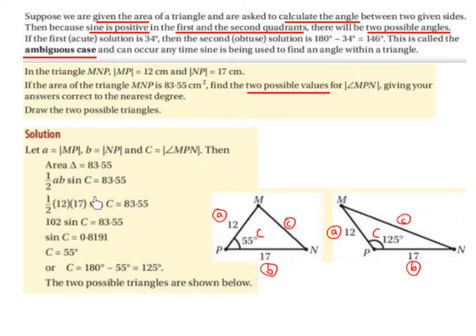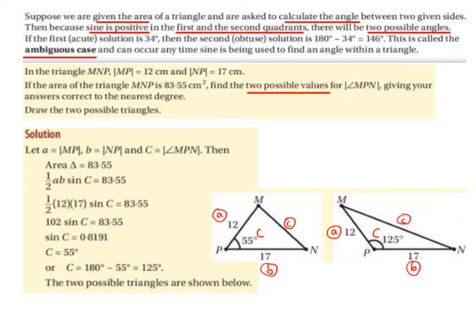And we don't know what the angle is, so we have sine C equal to 83.55. We multiply out the brackets. A half times 12 times 17 is 102. So we get 102 sine C equals 83.55. And then we divide across by 102, and 83.55 divided by 102 is 0.8191 to 4 decimal places.